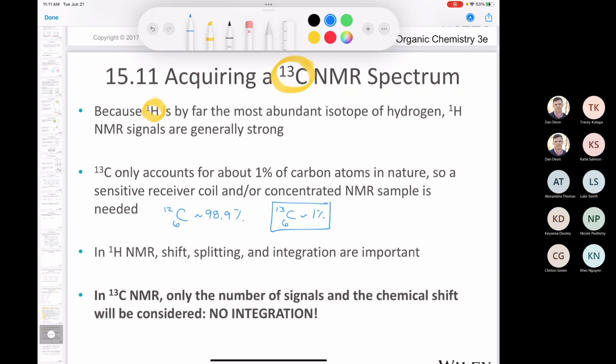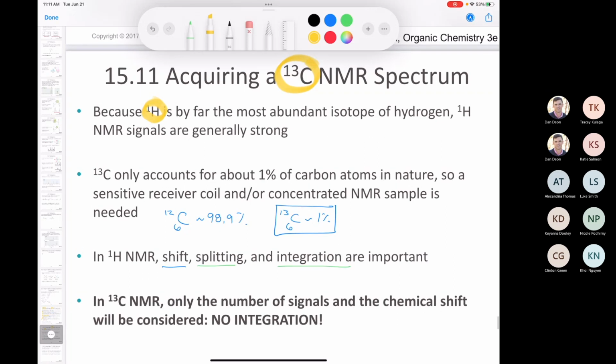Something that I think students usually like about carbon NMR spectra is that when we were dealing with proton NMR spectra, we had to consider the chemical shift in parts per million, and we also had to consider splitting, meaning the multiplicity, the n+1 rule, and integration. However, in carbon-13, the only thing that we need to worry about is the shift.